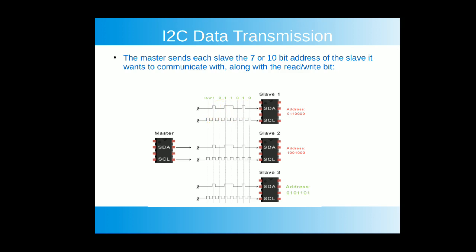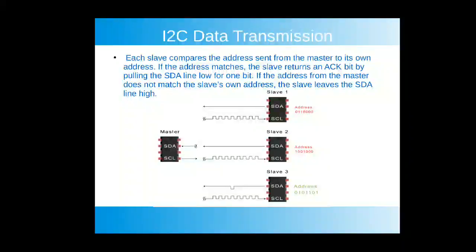And after placing the 7-bit address, the master will set the read/write bit. Depending on the read/write bit, the master will either read from or write to the slave device. After sending the address, the master will wait for a response.